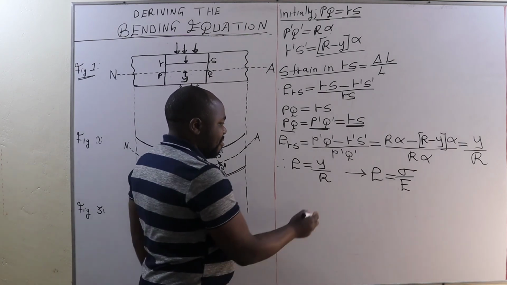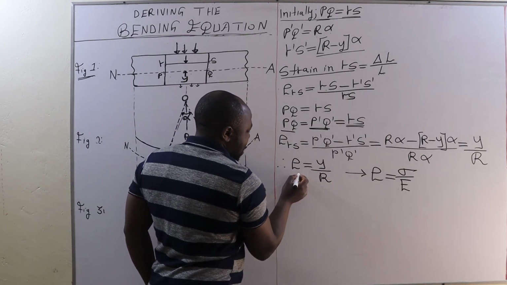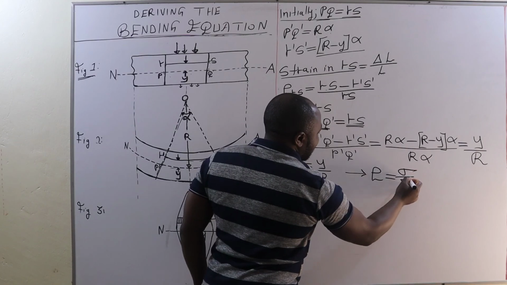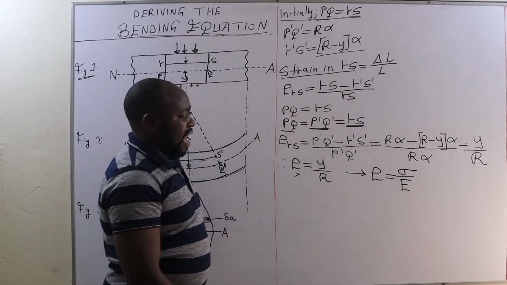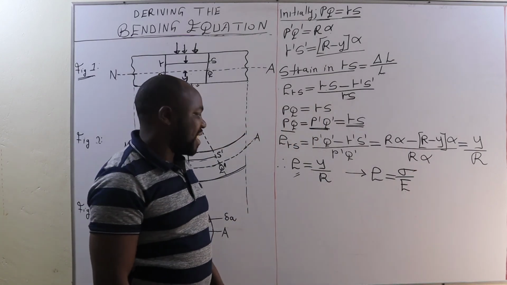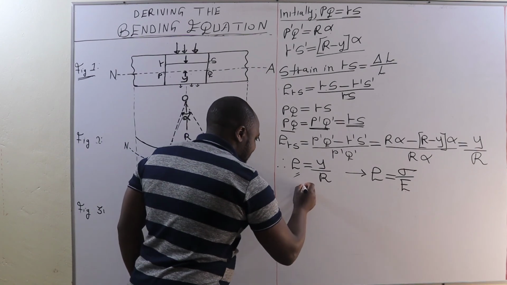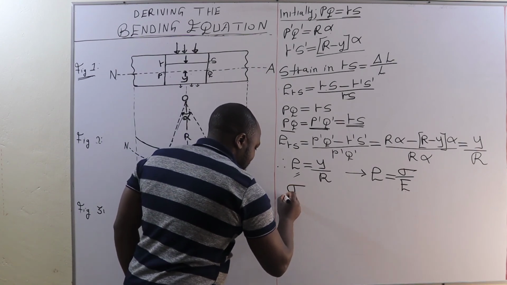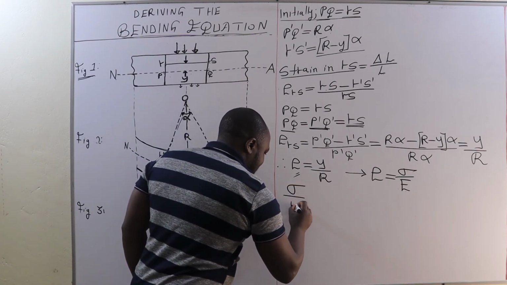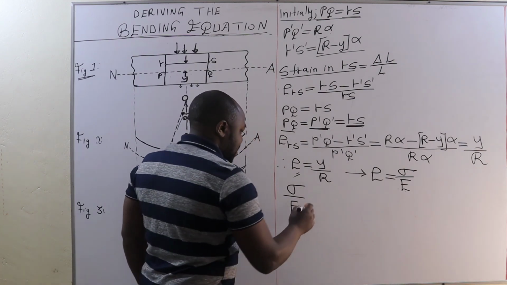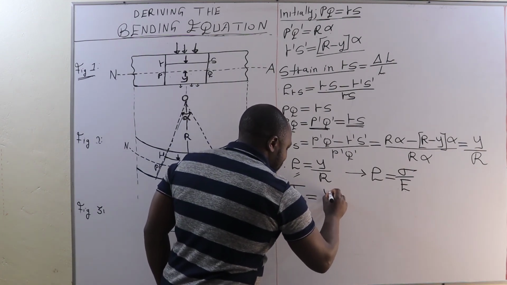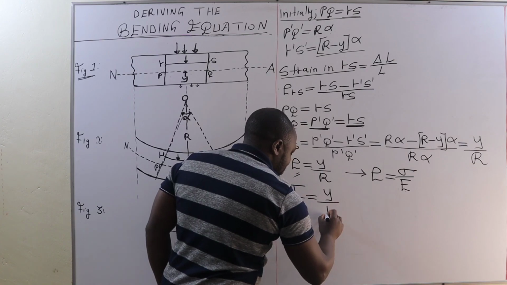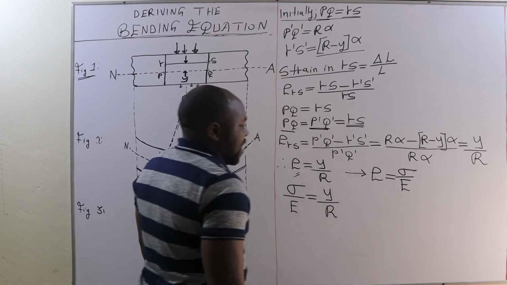Therefore, we can substitute the strain here with the stress divided by the Young's modulus of elasticity, and we are going to have stress all over Young's modulus of elasticity being equal to y all over radius.